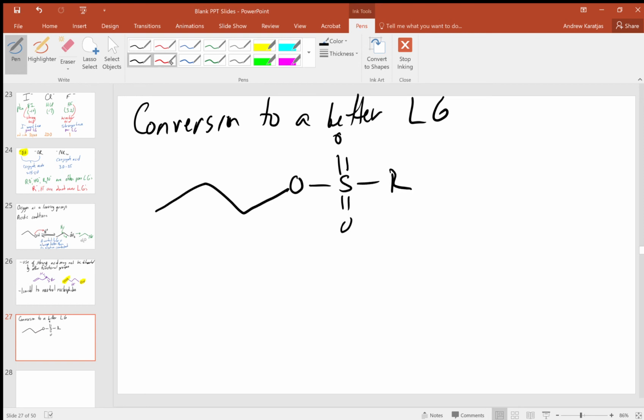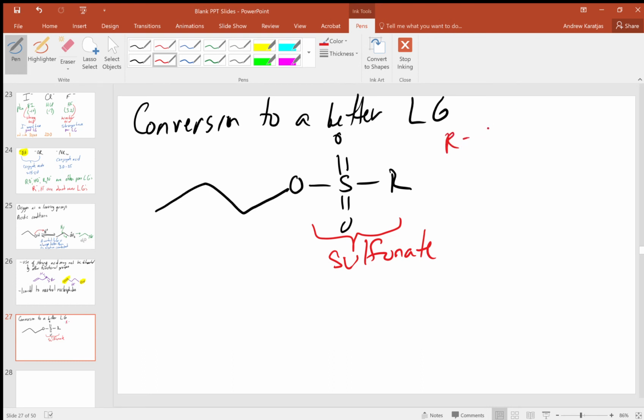So we replace the hydrogen with this sulfonate group. Now, what is R here? Well, it turns out R can be a whole bunch of things.